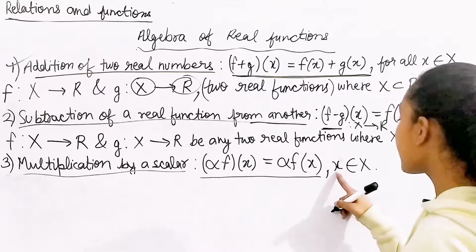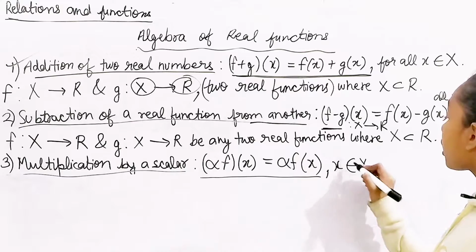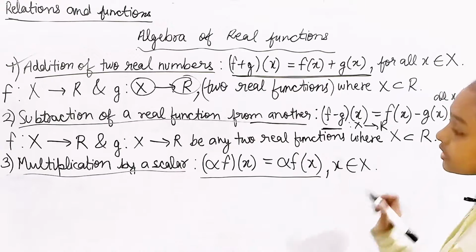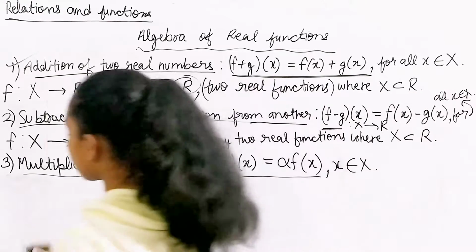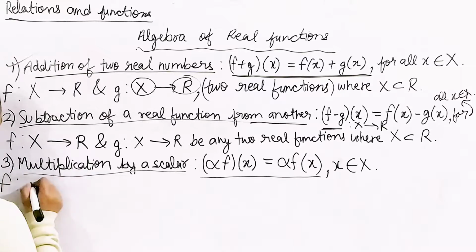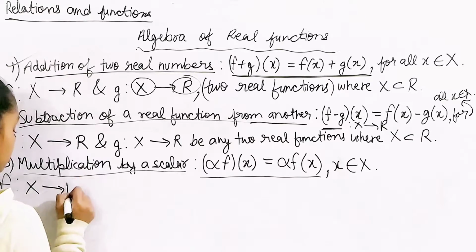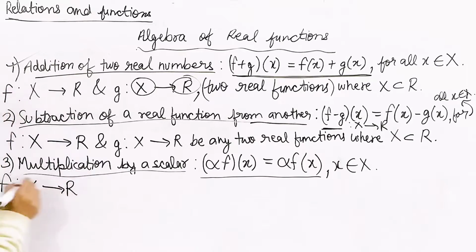And each element x belongs to the set X. So let f be the function from X to R. Can we say this X to R in this case also? Yes, so it's just a real valued function.